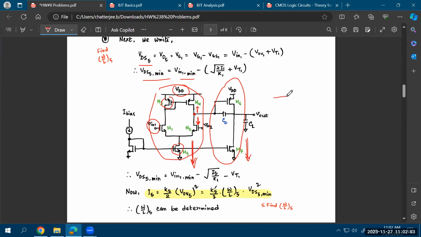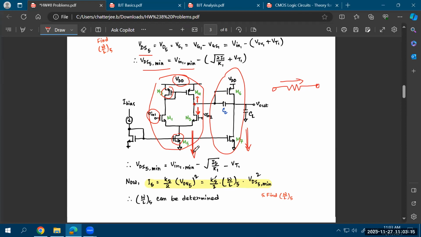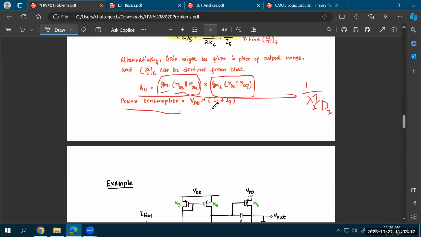What is the power consumption eventually? If you have a resistor, the voltage difference across the two terminals of the resistor multiplied with the current flowing through the resistor is the power consumed by the resistor, right? So that's the same approach that you'll be applying over here as well. So if you have VDD here and VSS instead of ground, then VDD minus VSS multiplied with the total current, that is I5 plus I7, will give you the power consumed in this network.